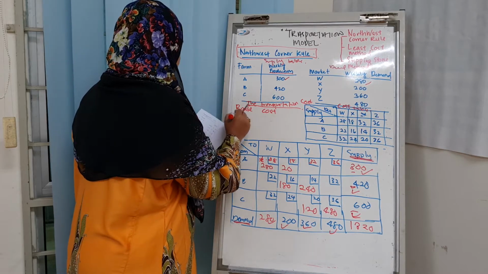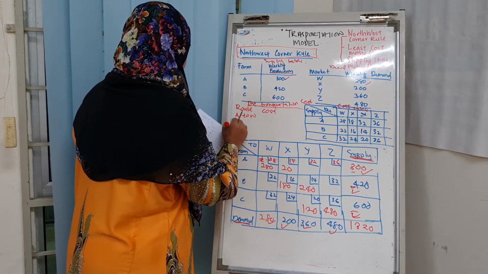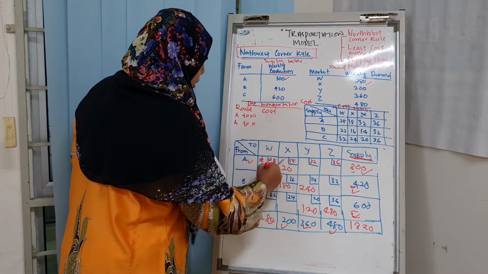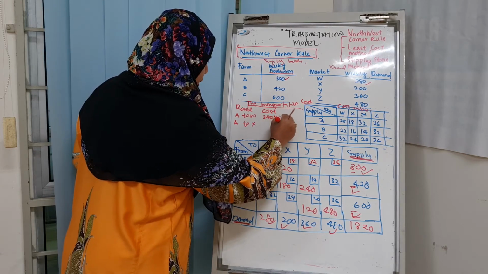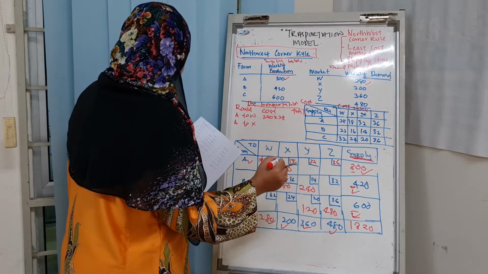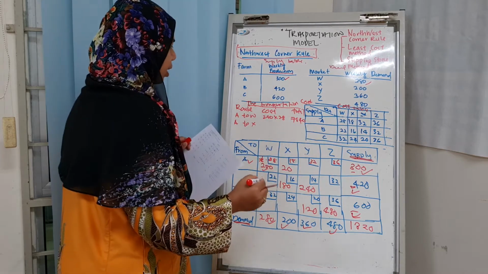So A to W, and then A to X. A to W, the amount is 280 times 28, so the total you will get is 7840.